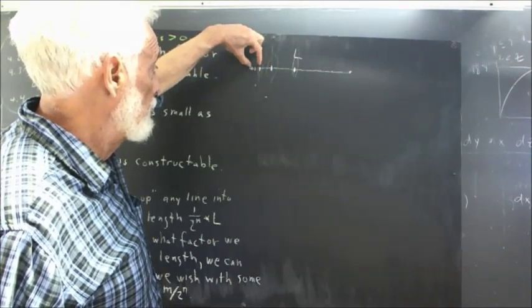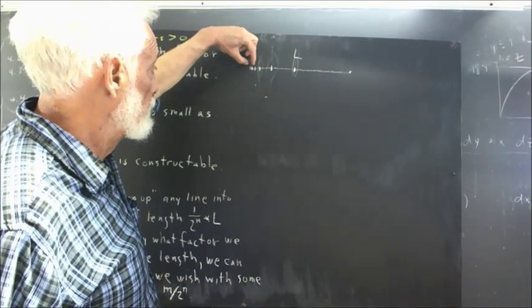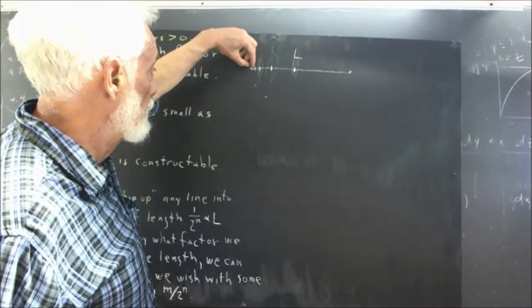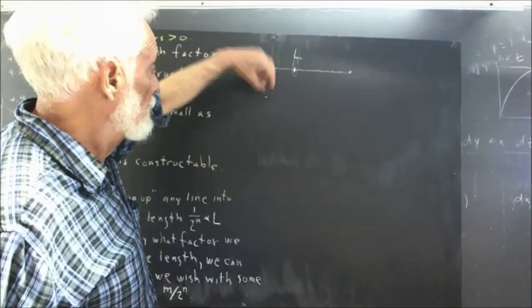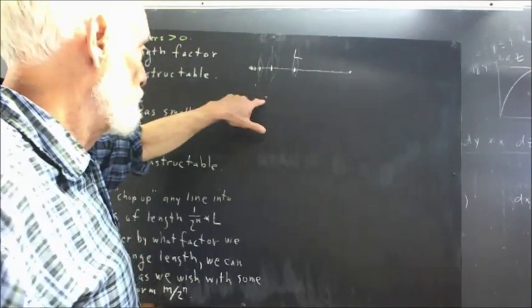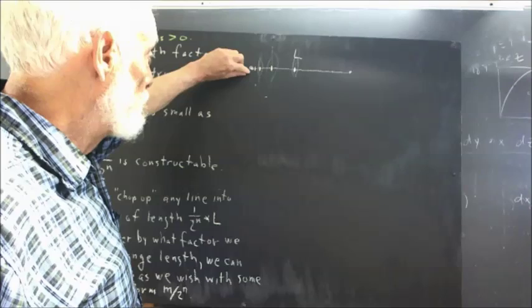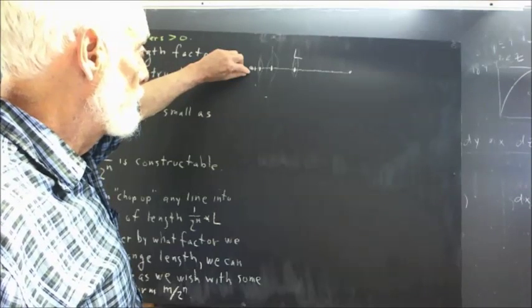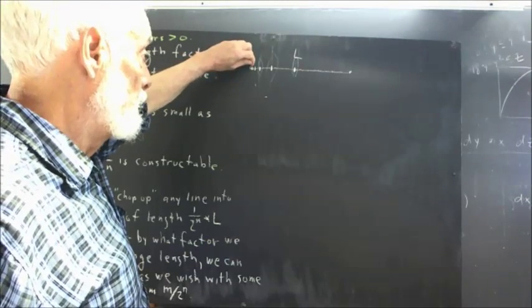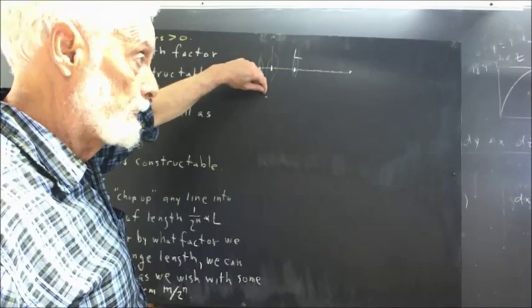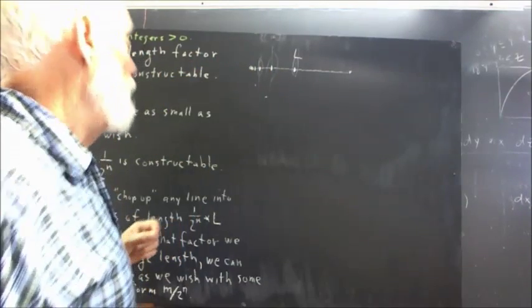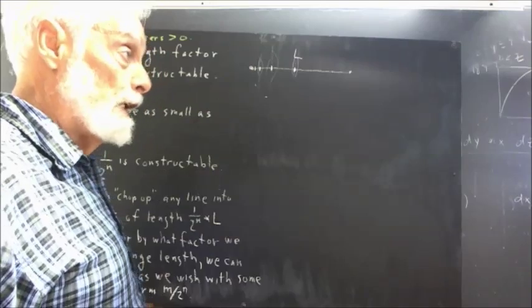I divide it again, my distance is still bigger than this. I divide it again, still clearly bigger. I divide it again, it's still bigger, but it's starting to look like we're getting close. And if I divide it once more, then it's very plausible that the distance between my divisions is bigger than this small distance. And if it isn't, I divide it once more, and I'm sure it will be.